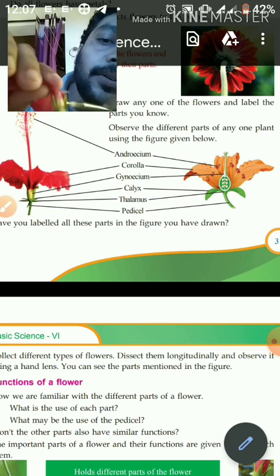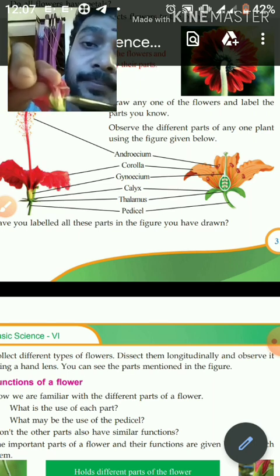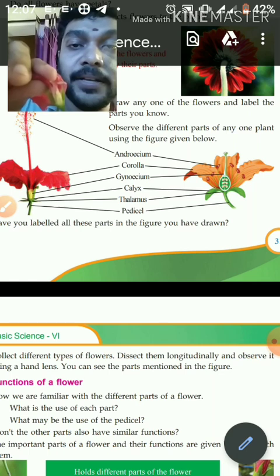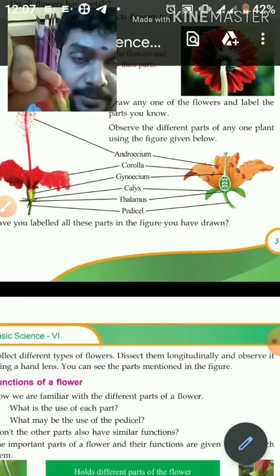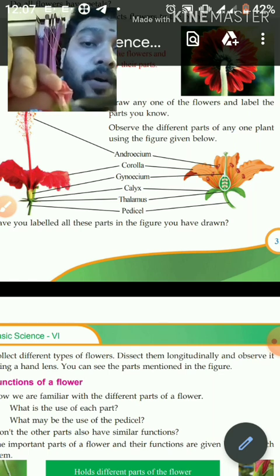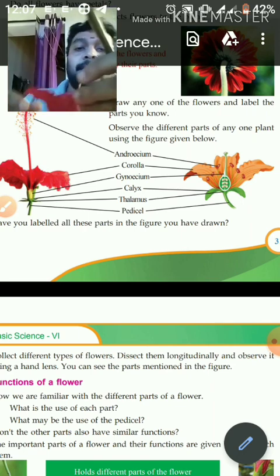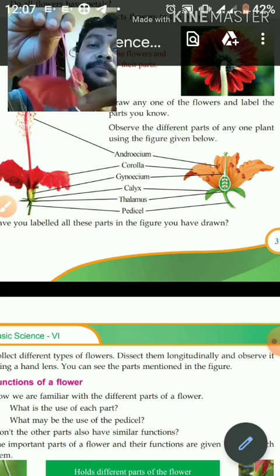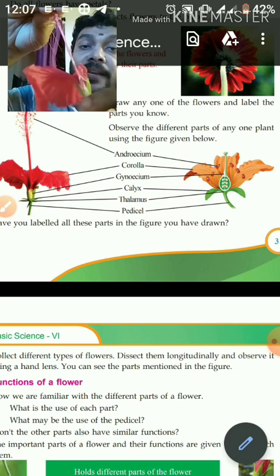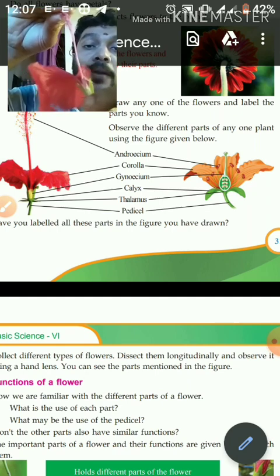This is called gynoecium. It is composed of style, stigma and ovary. This part is known as gynoecium, otherwise known as the female reproductive organ.